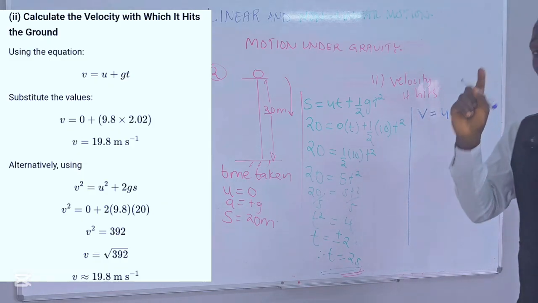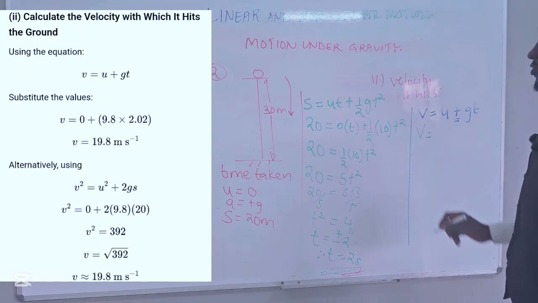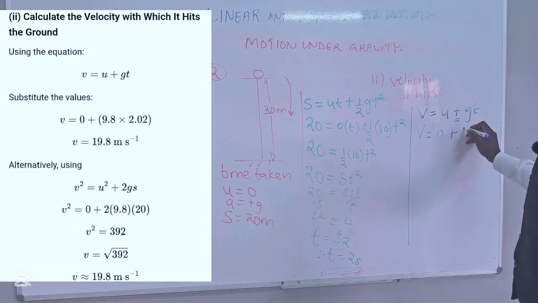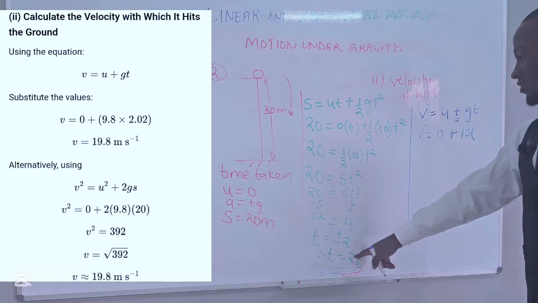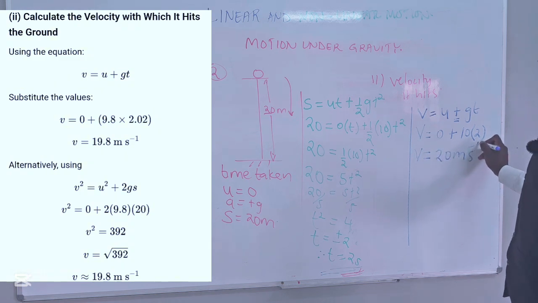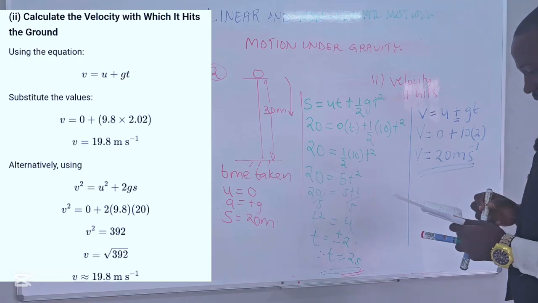If it was moving upwards, I would use a negative. So v is equal to u plus 10 times the time, which is 2, and therefore our velocity is going to be 20 meters per second.